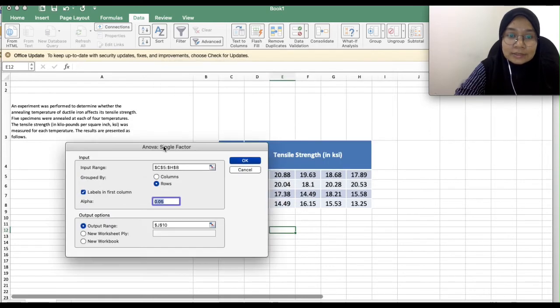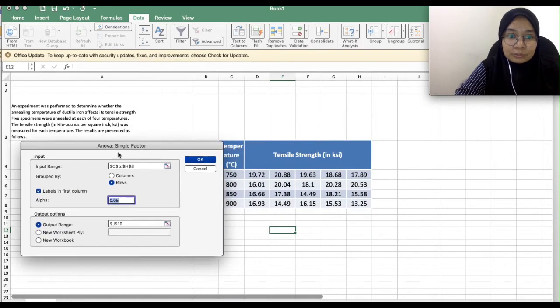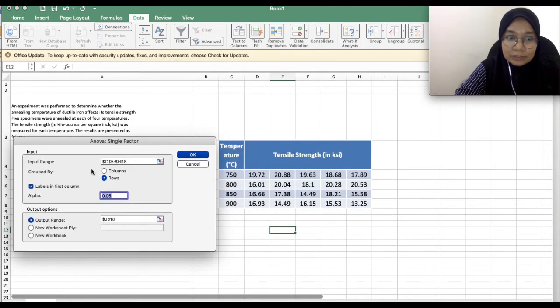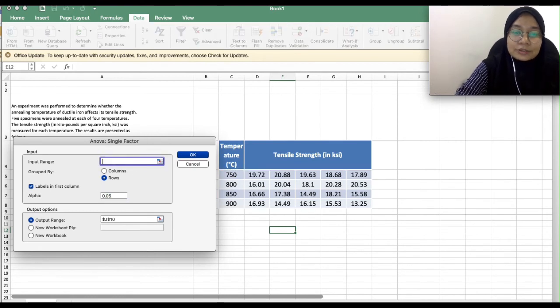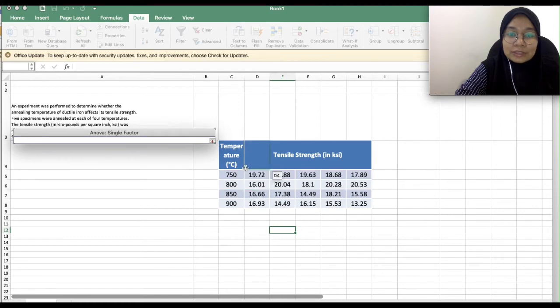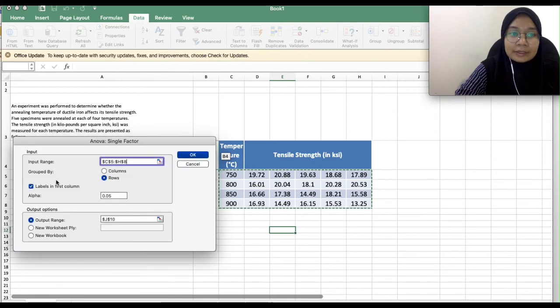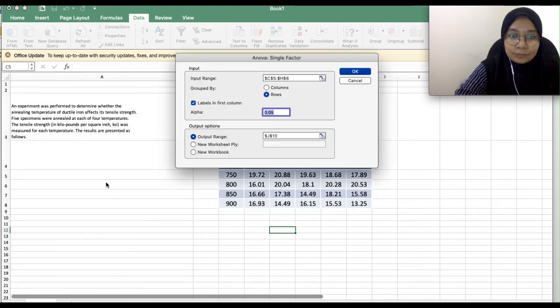Okay, these windows will pop out. See, the input range. So the input range is your data. So you click here, and then you select your data. Select also with the treatment. Okay, then you click here, and then group by, okay, our data now by row. One treatment, okay, by row. Row 1, row 2, row 3, row 4. So it is grouped by row.